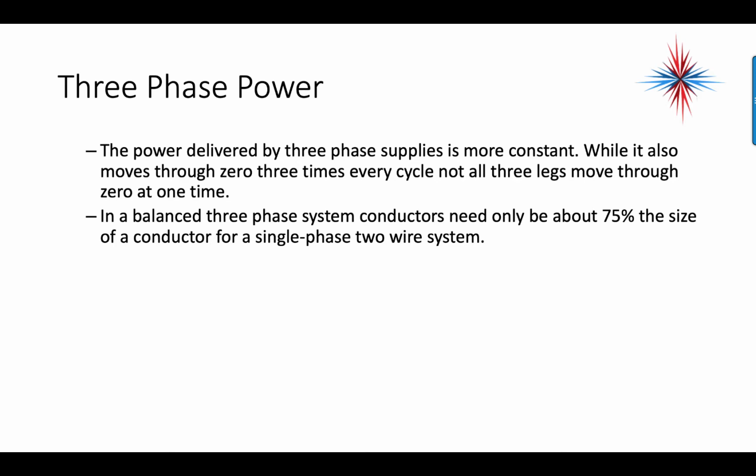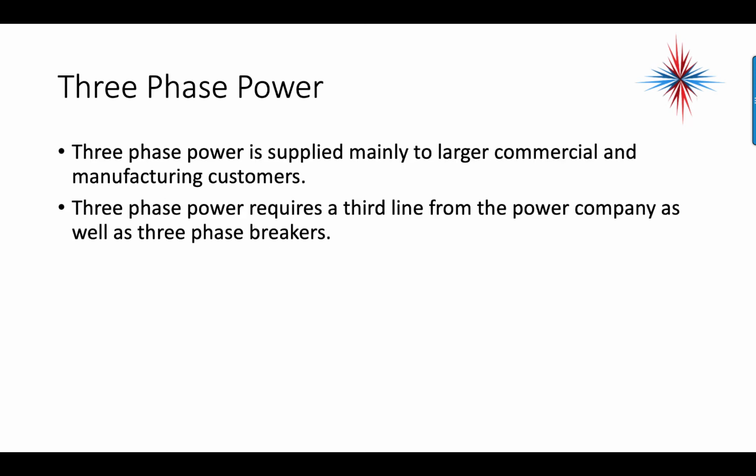While it also moves through 0 3 times every cycle, not all 3 legs move through 0 at one time, and that's what I was trying to show you. Third, in a balanced three-phase system, conductors need only be about 75% the size of a conductor for a single-phase 2-wire system. In other words, I can use smaller wiring.